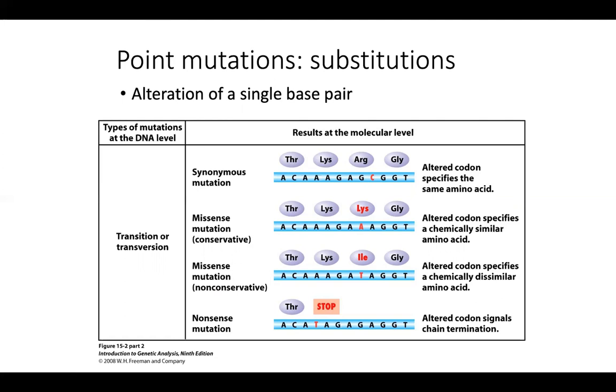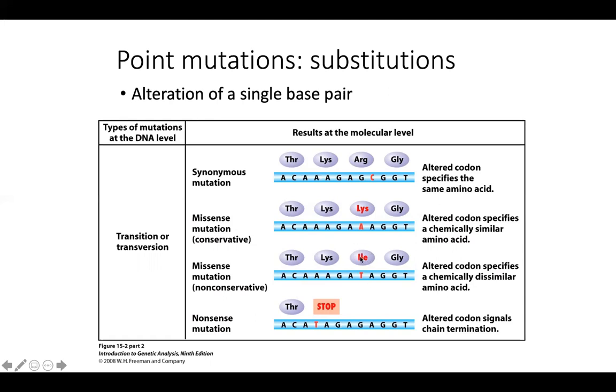And then non-conservative missense mutations basically exchange one amino acid for another one that is chemically dissimilar. And again, the same thing applies, right? There's no guarantee that this non-conservative change will actually result in a drastically altered function, a loss of function of the protein. It all, again, depends on where this is situated.